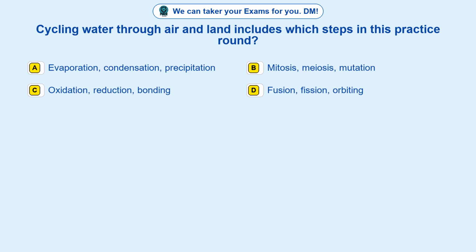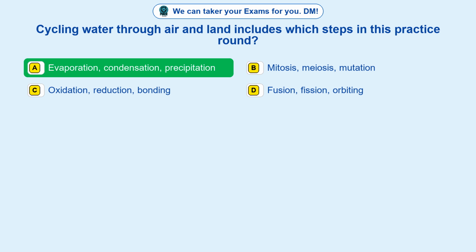Question 87. Cycling water through air and land includes which steps in this practice round? Option A, evaporation, condensation, precipitation. Option B, mitosis, meiosis, mutation. Option C, oxidation, reduction, bonding. Option D, fusion, fission, orbiting.